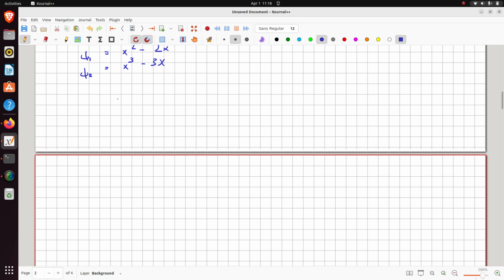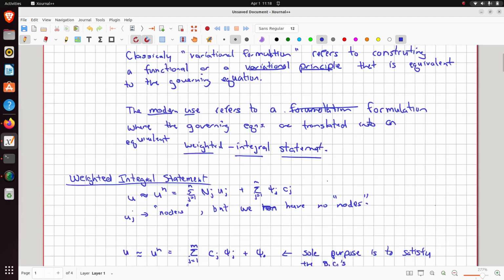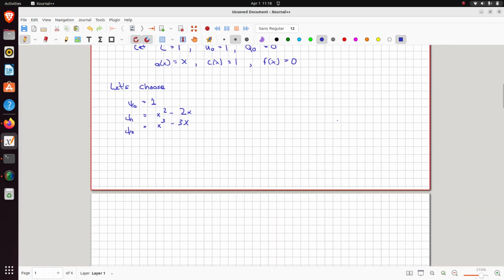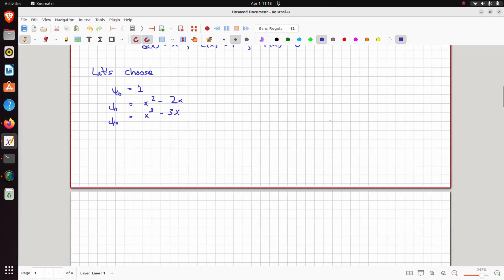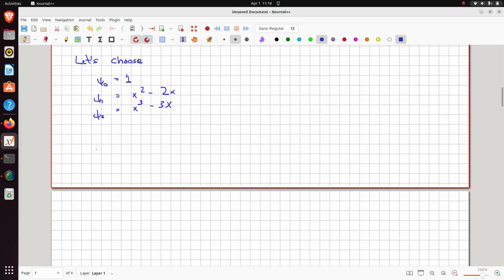So we have then our equation is like that, and then we'll go ahead and distribute the derivative term.